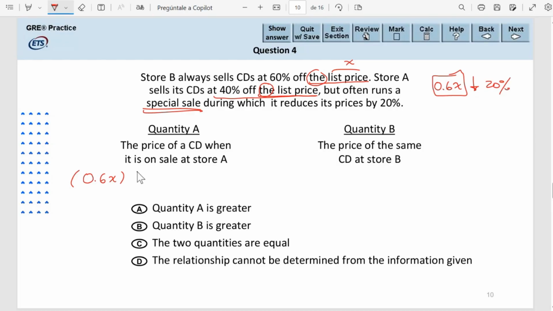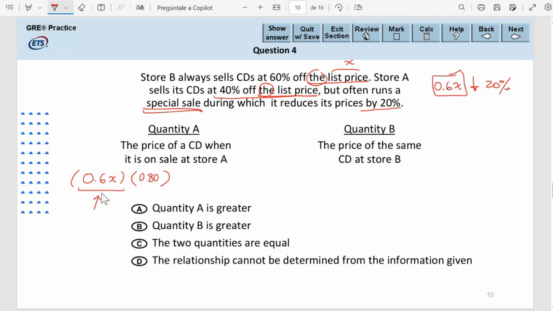So a further reduction of 20% in the customary price at Store A would mean multiplying this amount by the factor 0.80, or 100 minus 20 over 100.